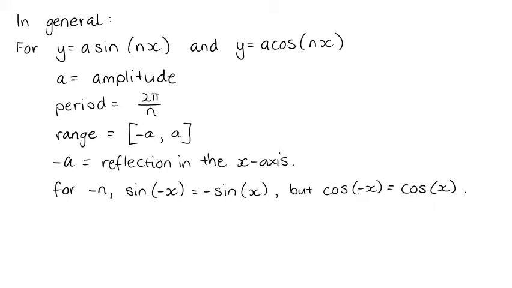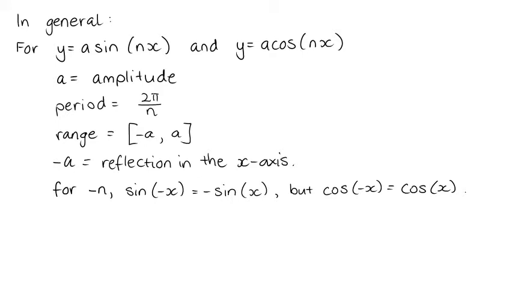And if you have a negative n value inside that bracket, then your sine negative x is the same as negative sine x. So it's just going to look like a reflection in the x-axis. But your cosine graph doesn't change. Because essentially, because the cosine graph starts at 1, if you reflect it in the y-axis, it's going to look exactly the same because it's symmetrical.